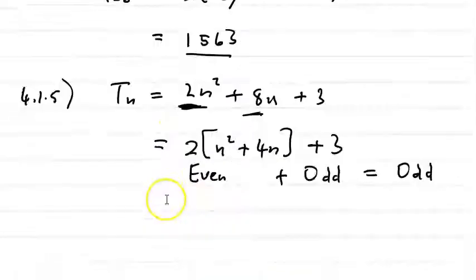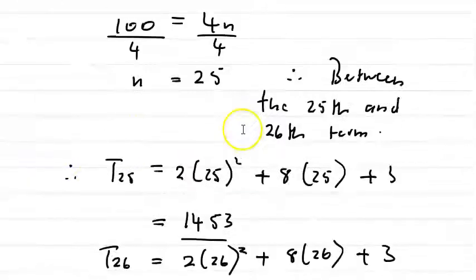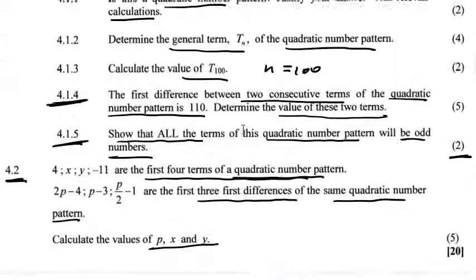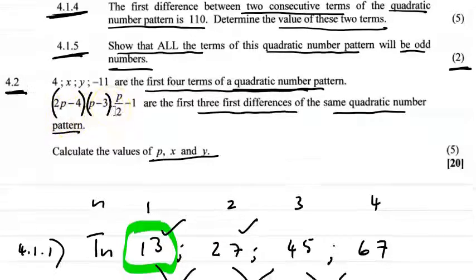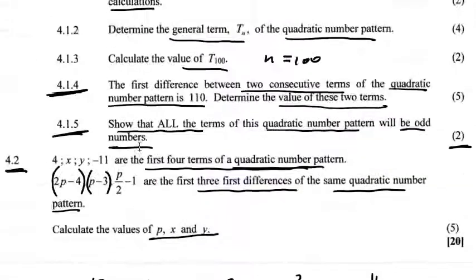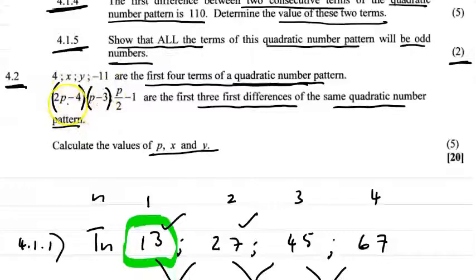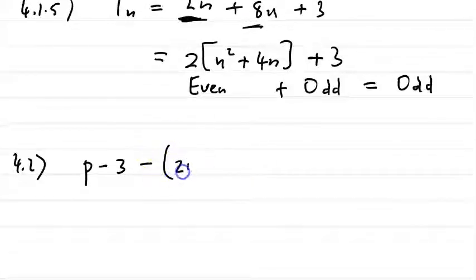So let's write down 4.2. We're going to use that property. So it's going to be T2 minus T1: p minus 3 minus, in brackets, 2p minus 4, and that will equal some constant.